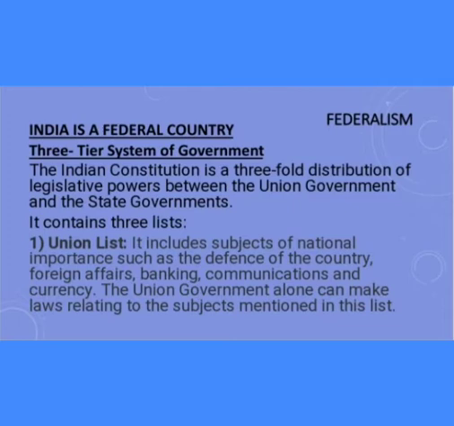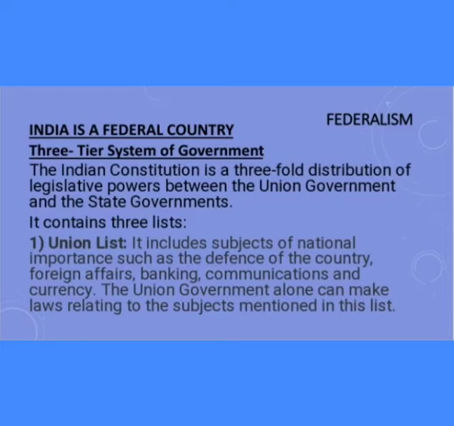It includes subjects of national importance such as defense of the country, foreign affairs, banking, communications and currency. They are included in this list because we need a uniform policy on these matters throughout the country. The union government alone can make laws relating to the subjects mentioned in the union list.